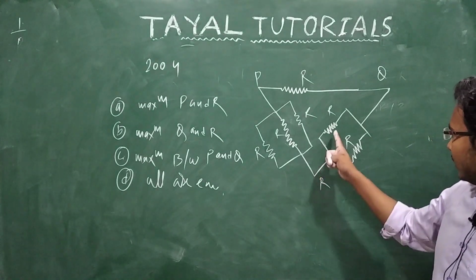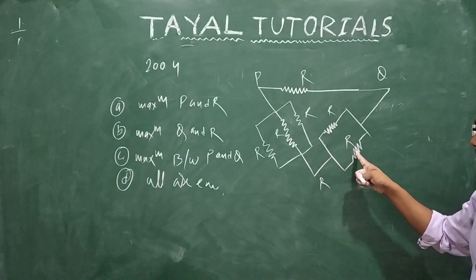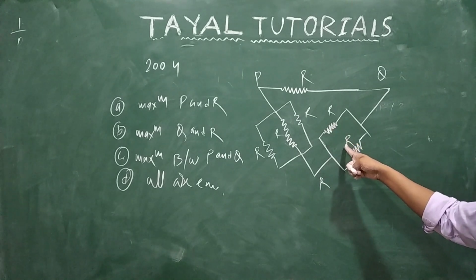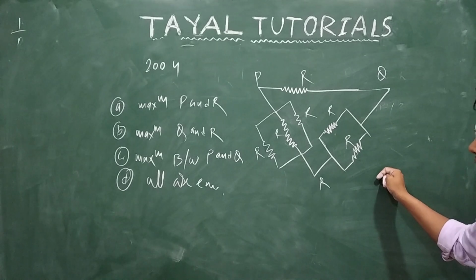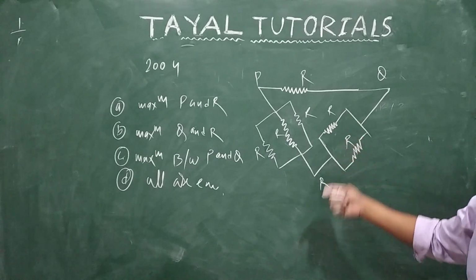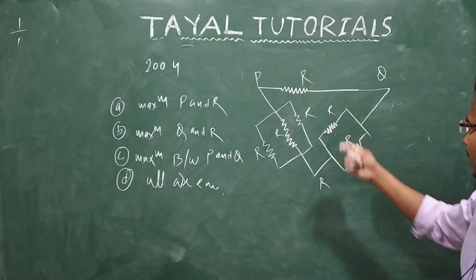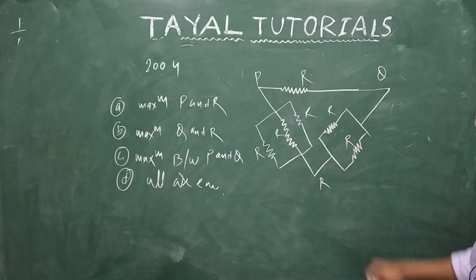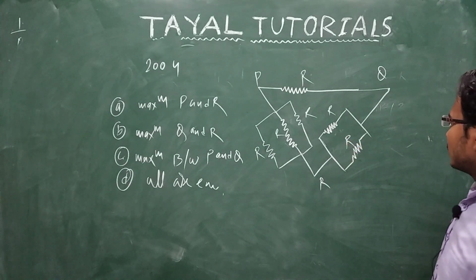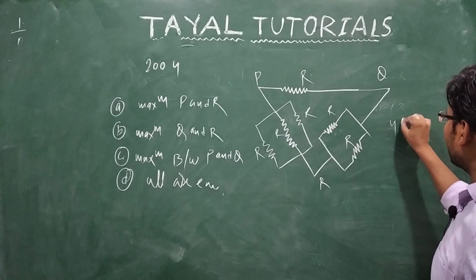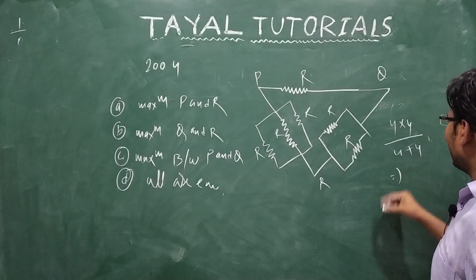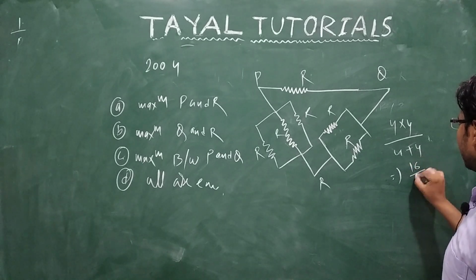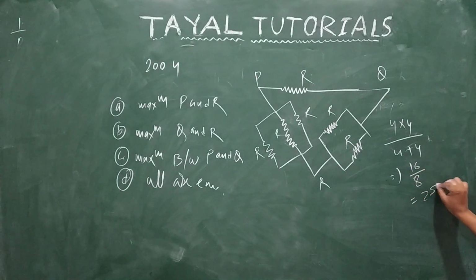Okay. And these R and R, equal values of resistance, are connected in parallel. The equivalent of these two will obviously be less than the individual one. Let's say you put 4 here. 4 into 4 divided by 4 plus 4, that will be 16 by 8, which is 2 ohm.